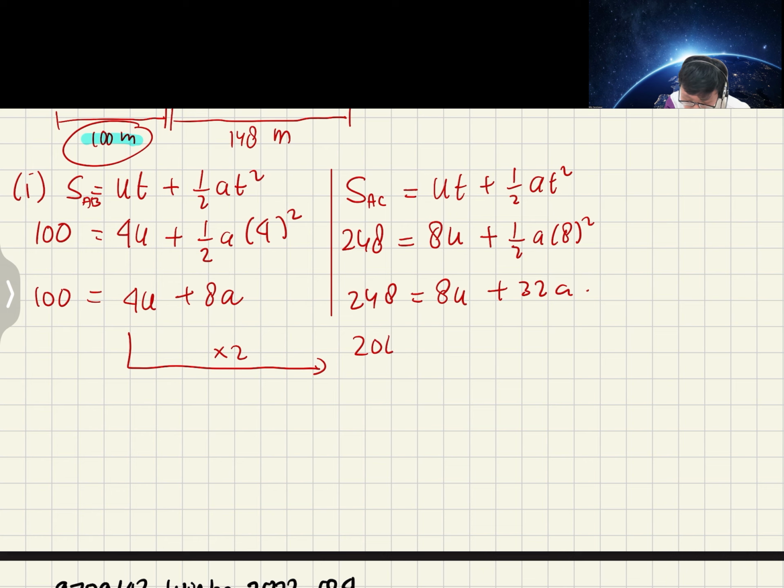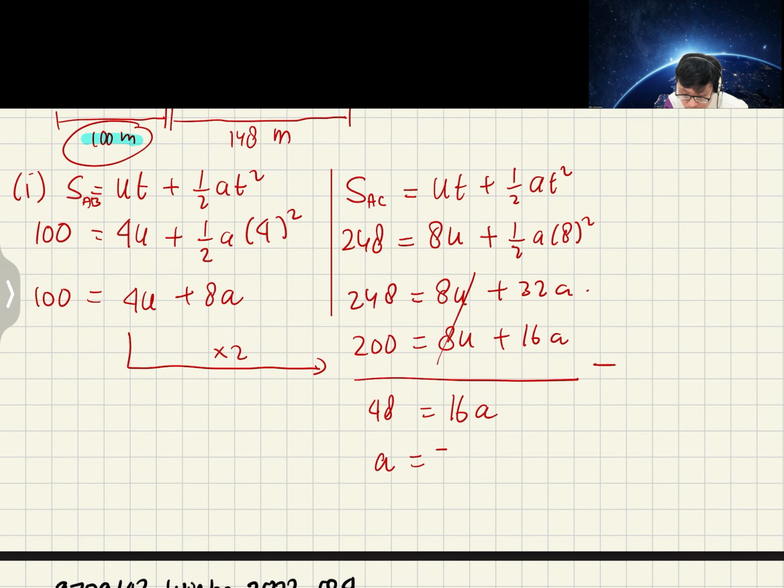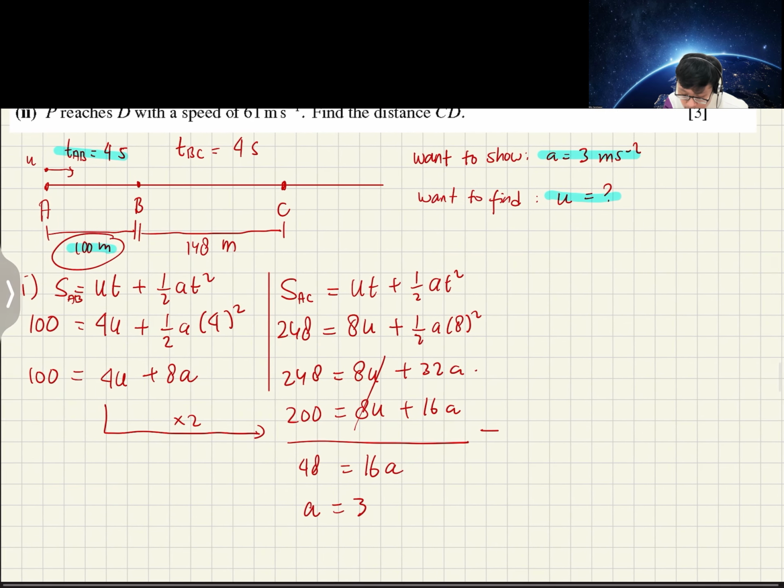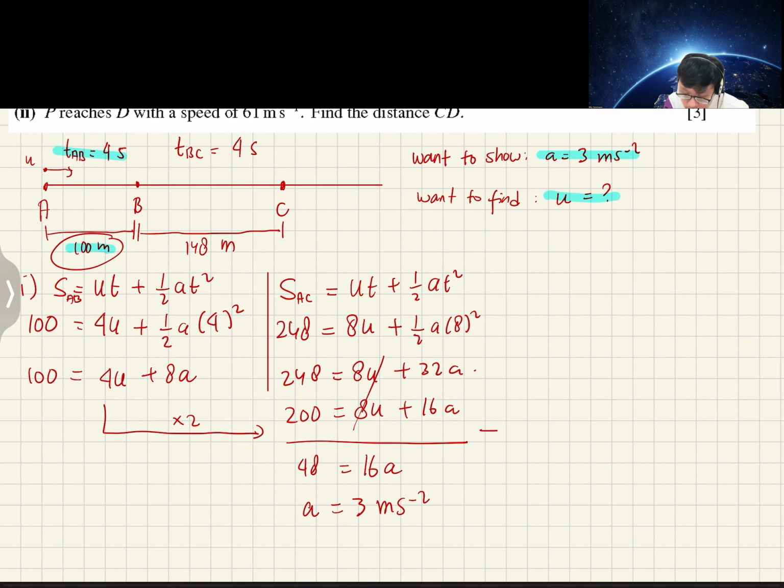So I got 200 equals 8U plus 16A. So I cancel 8U. If I subtract, I got 48 equals 32A minus 16A. I got 16A. So A equals 3, meter per second squared. Same as the one that we want to show.